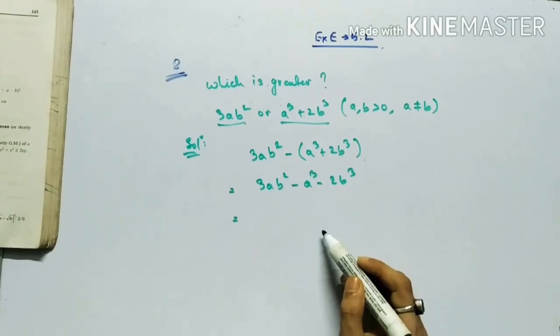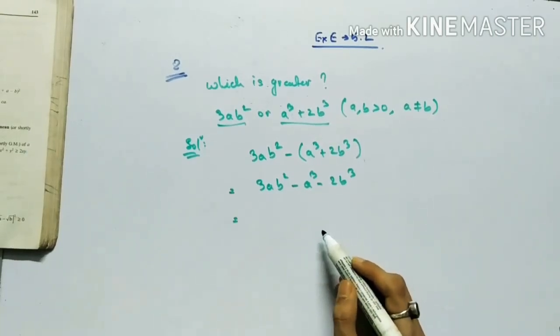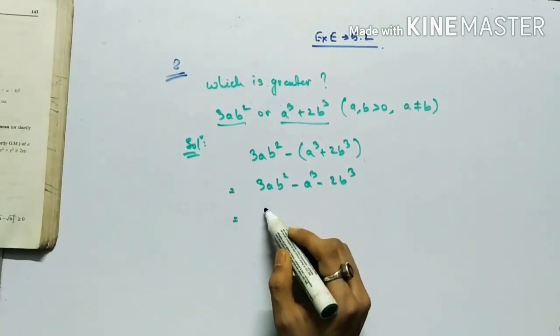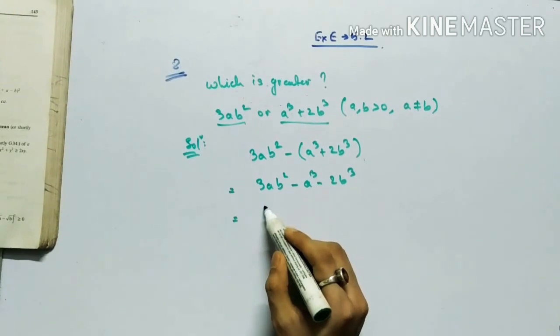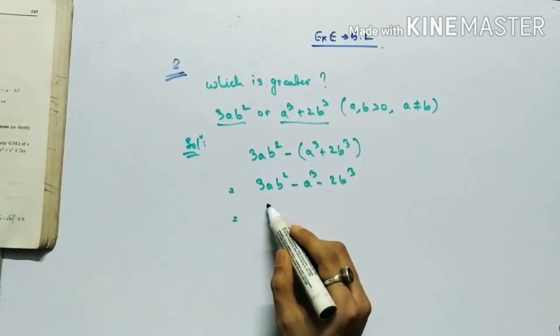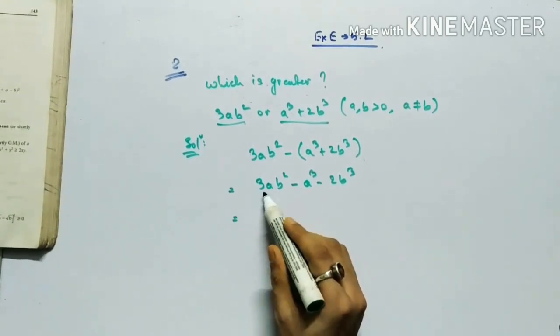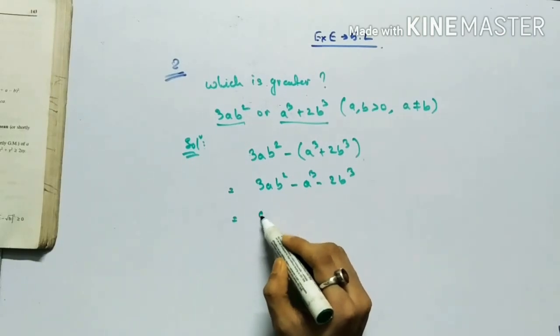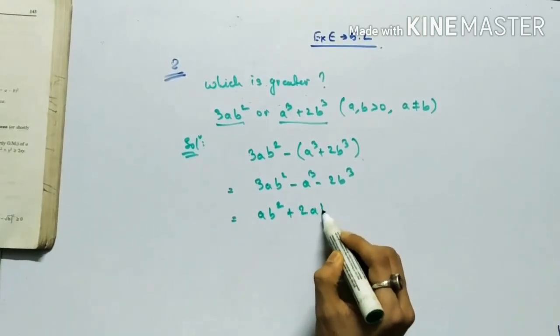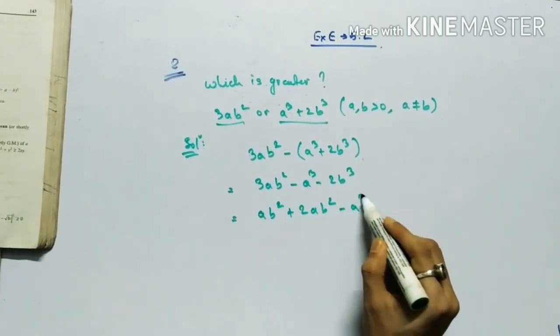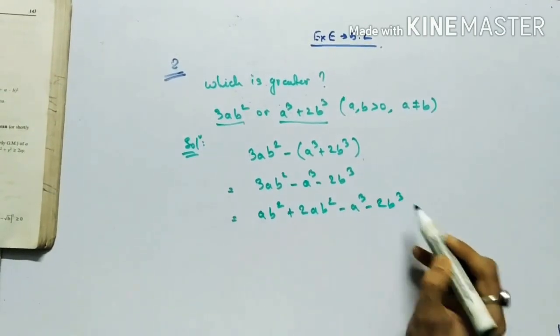So this one I can write as ab square plus twice ab square minus a cube minus 2b cube.